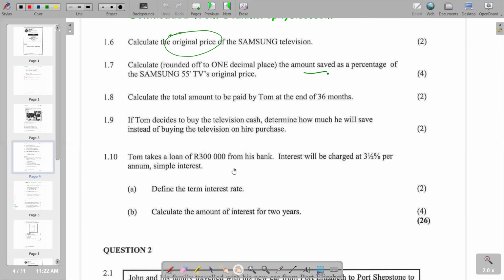For the person who is taking the loan, it is the amount that is charged. But for the bank, it's going to be the amount that is earned. So that's how best we can define it.